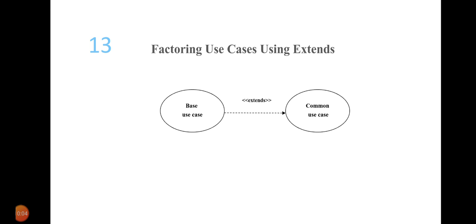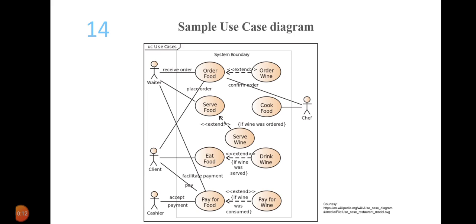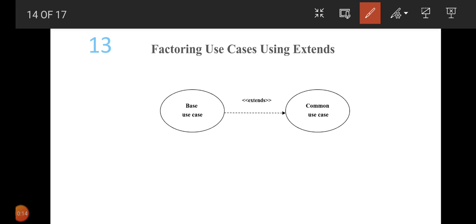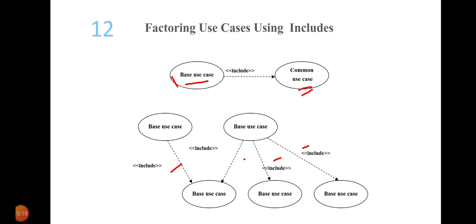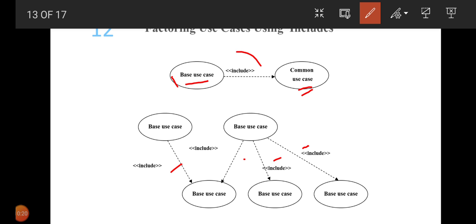Now similarly, when we are talking about optional, we can use extends relationship, and extends works in a similar way, but we have to mention the keyword as extends here. And in our previous slide we have to include the include keyword within angular brackets in order to represent that it is an extends or include relationship.